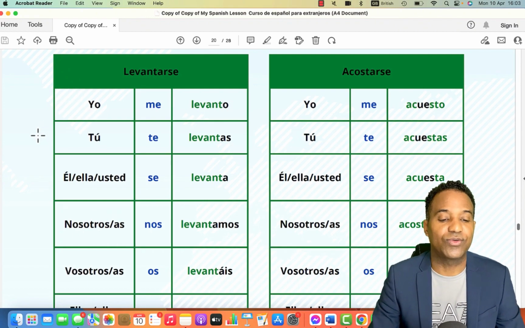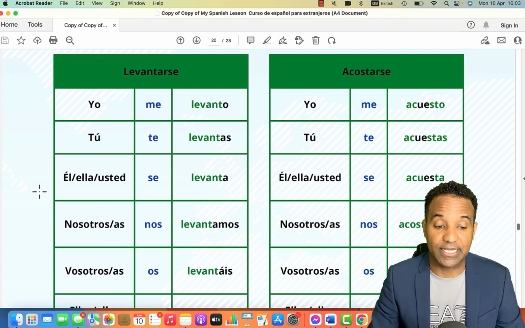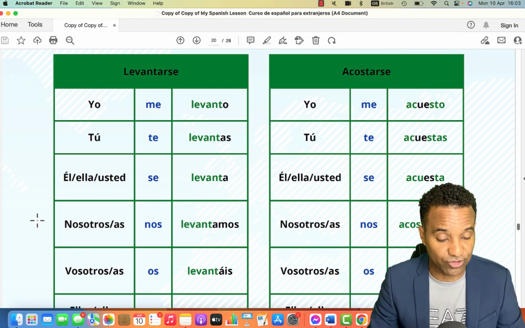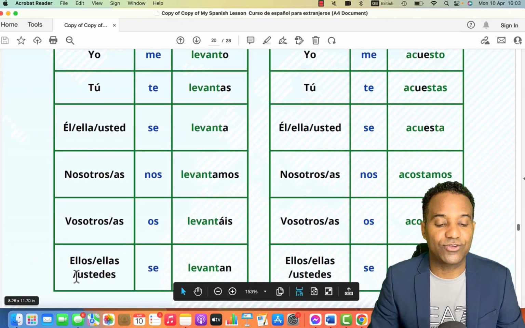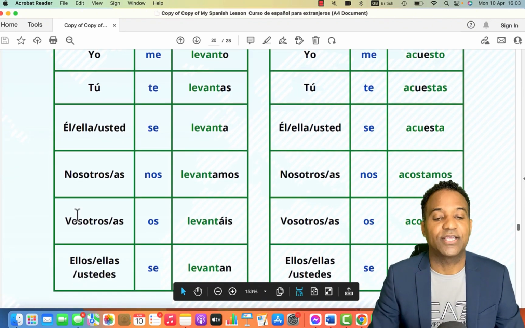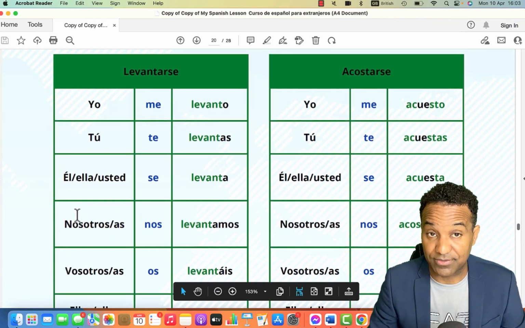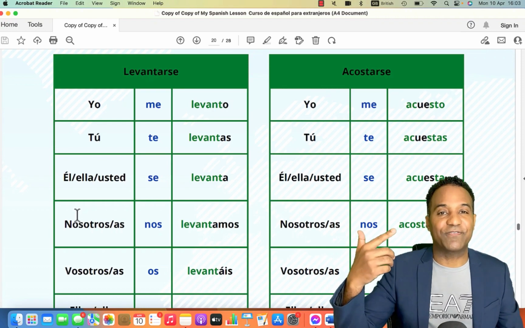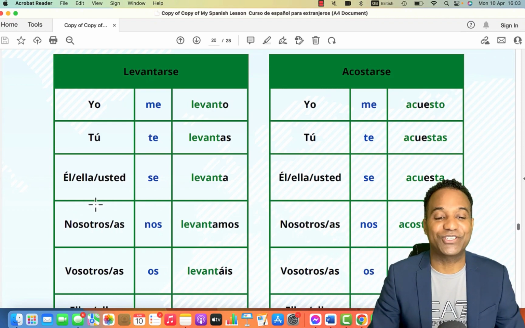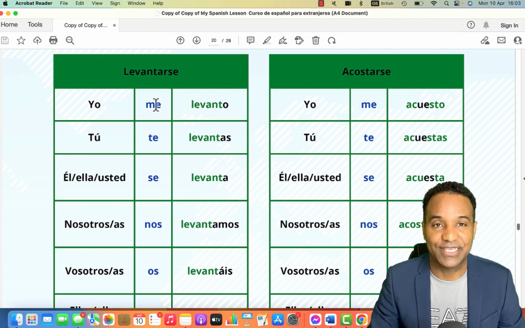Yo, tú, él, ella, usted, nosotros, nosotras, vosotros, vosotras, ellos, ellas, ustedes. So for the reflexive verbs, apart from the personal pronoun, we need the reflexive pronouns, which are these in blue here.